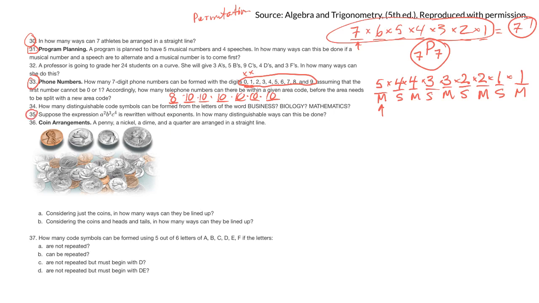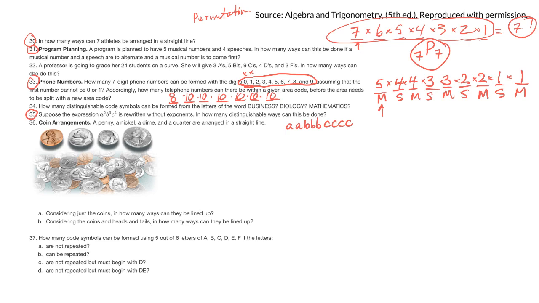Next number is 35. Suppose the expression a squared b cubed c fourth is written without exponents. In how many distinguishable ways can this be done? Written without exponents, it would be a, a, b, b, b, c, c, c, c. And they want to know how many different ways that could happen.